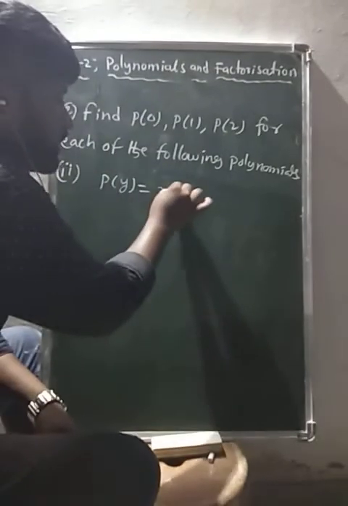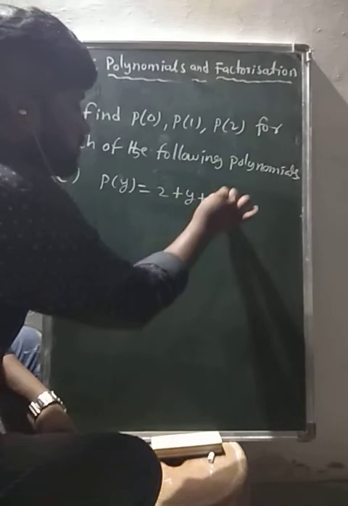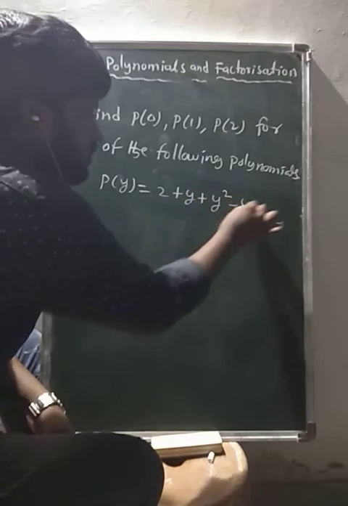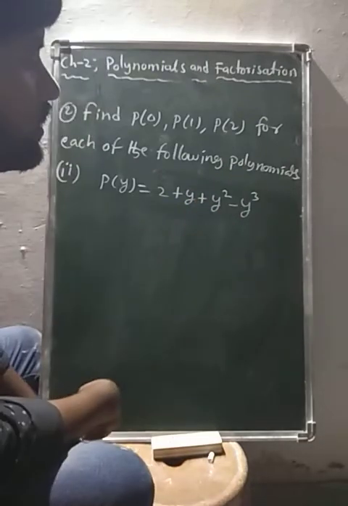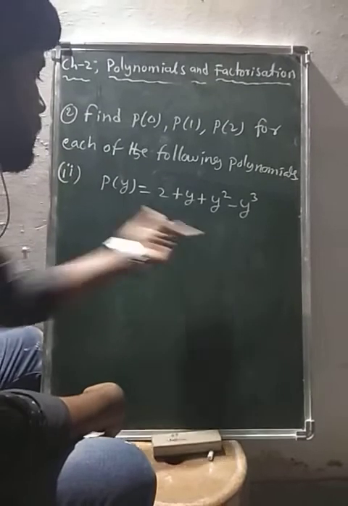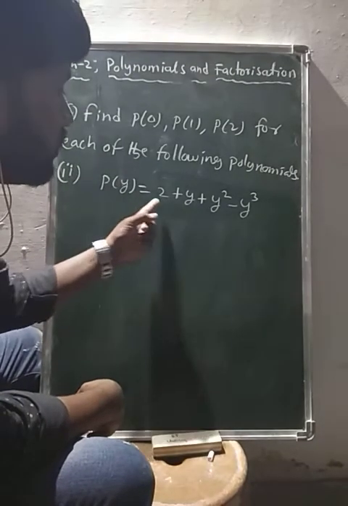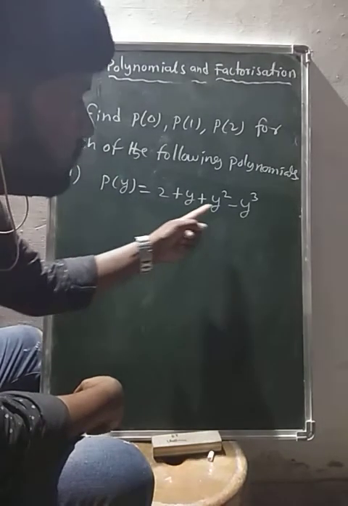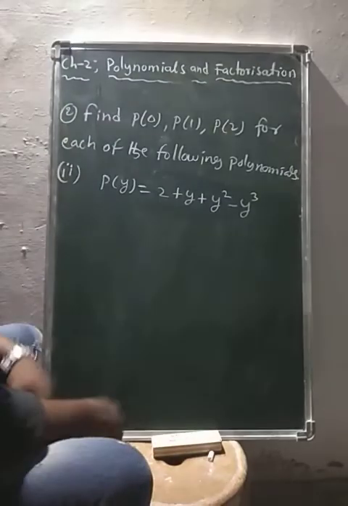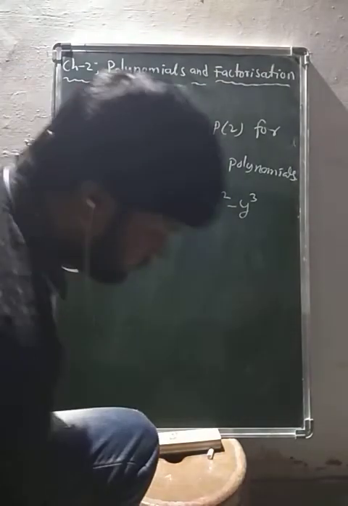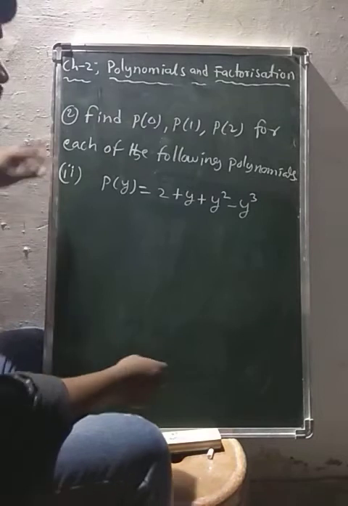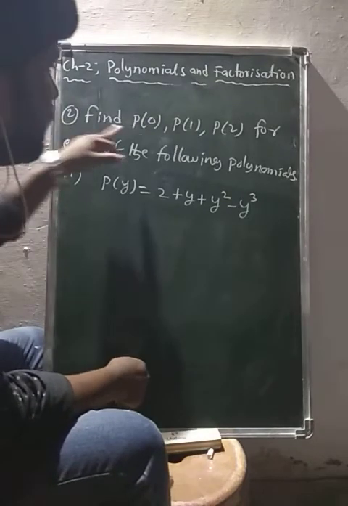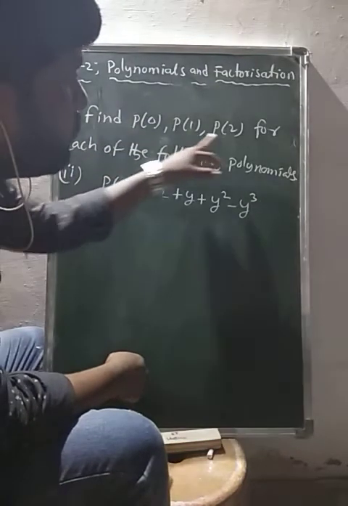That is 2 plus y square minus y cube. Okay, so this is the given polynomial. P of y is equal to 2 plus y square minus y cube. Now what I am doing here: the question says find P of 0, P of 1, P of 2.